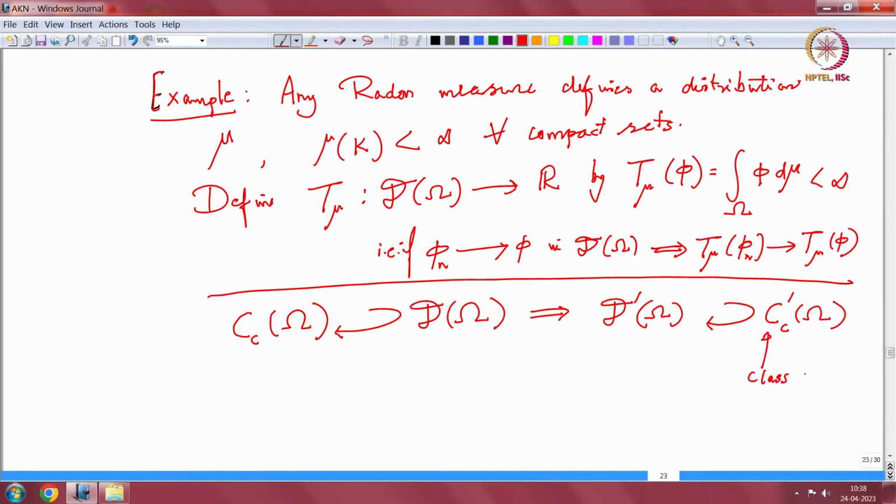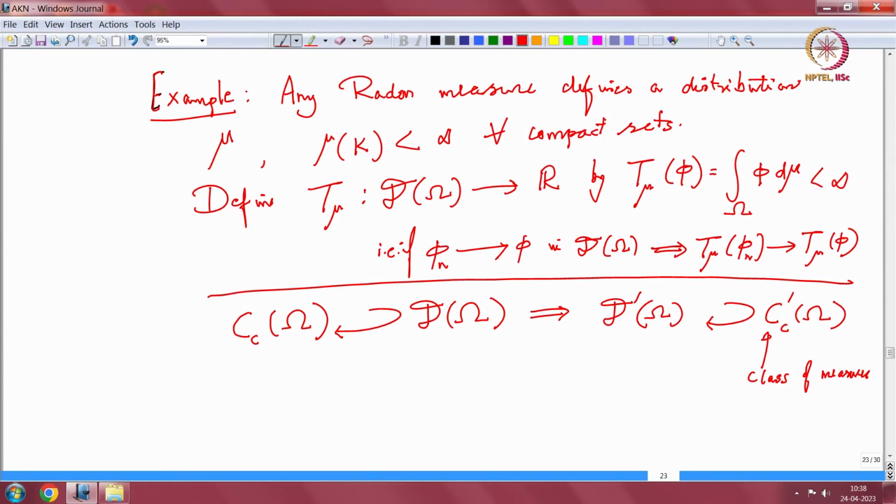You would have seen that for C(X), where X is a compact set, its dual can be identified with the class of measures.